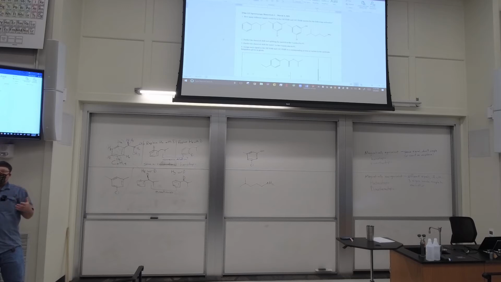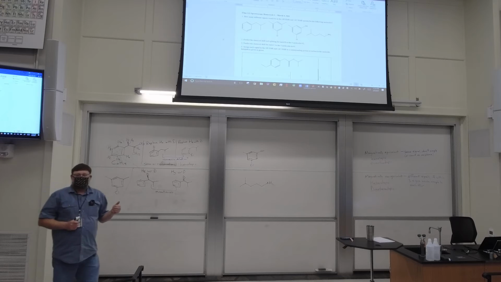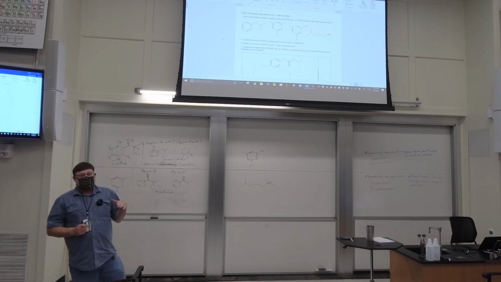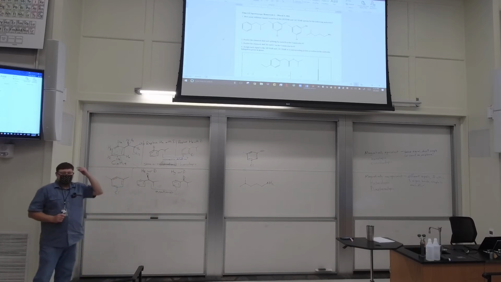That's different energies. Those are going to have different stabilities. So magnetically equivalent atoms are either going to be homotopic or enantiotopic. Magnetically non-equivalent atoms are going to be either heterotopic, that is different, or diastereotopic.